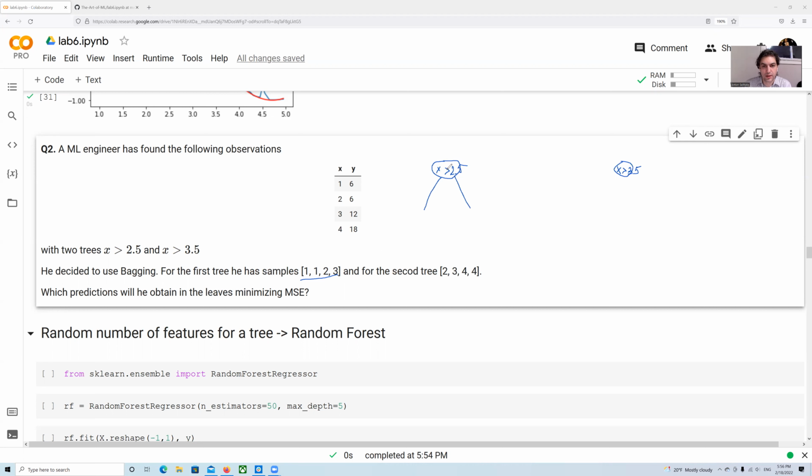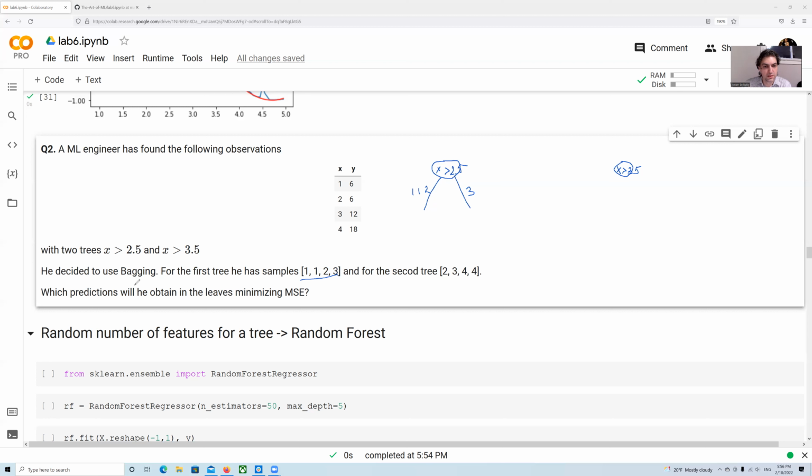And using Bootstrap, he had for the first tree these samples: 1, 1, 2, 3. So if x greater than 2.5, then only 3 is greater than 2.5. And here we have 1, 1, and 2.